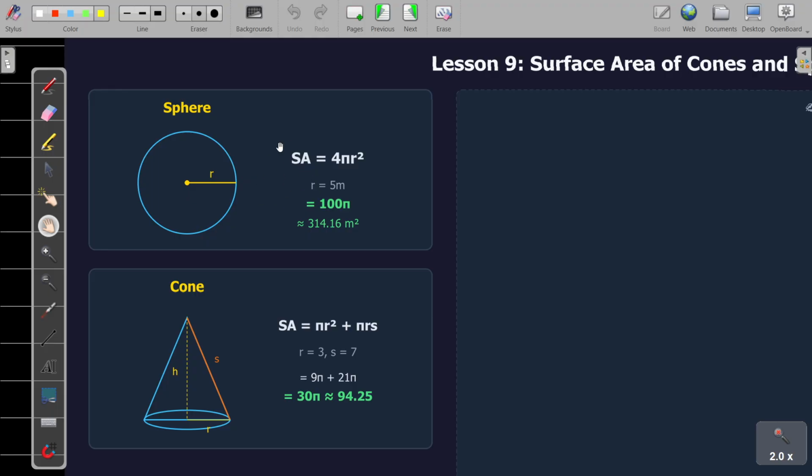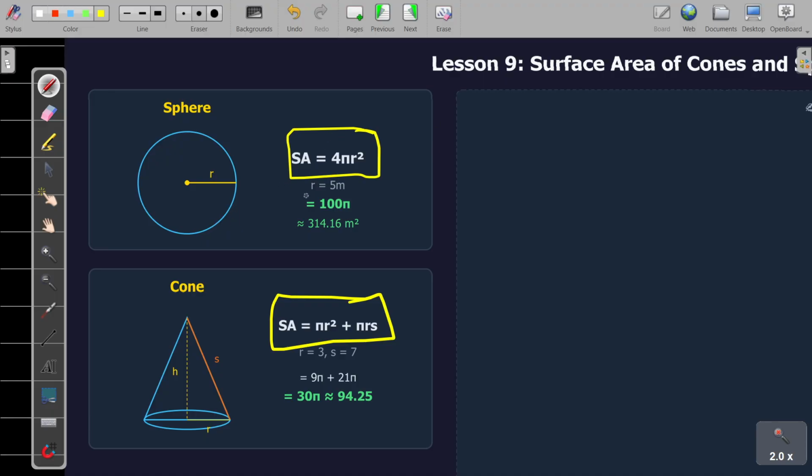So the problem here would be something like you need to find the surface area of a sphere with a radius of 5, right? So you want to write the formula first. It's a channel classic, of course. Always write the formula first, and then just plug and play. And when I say plug and play, I mean substituting.